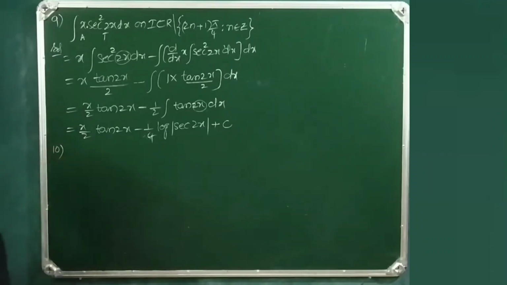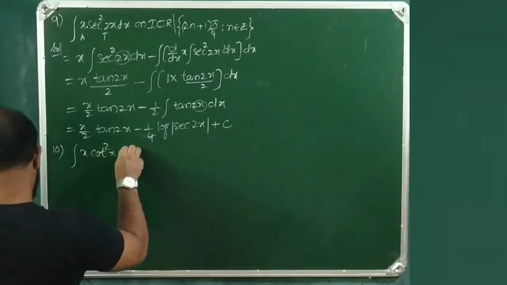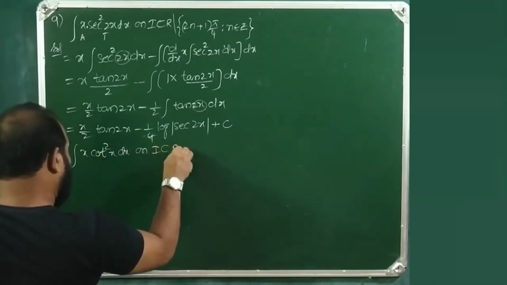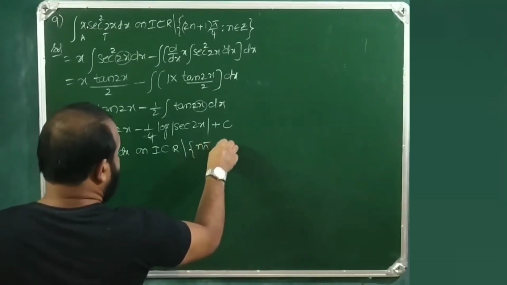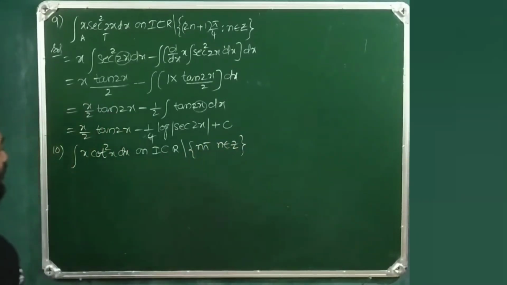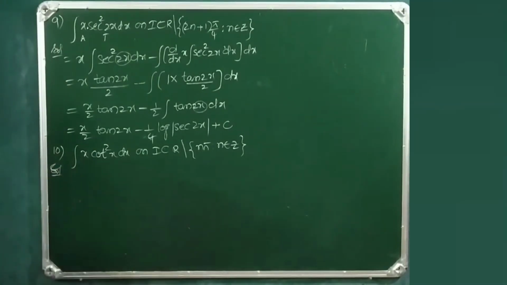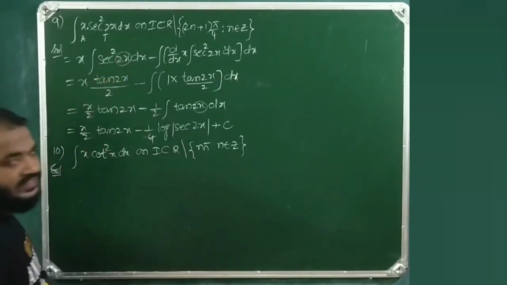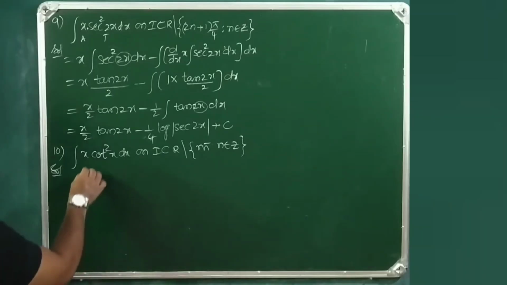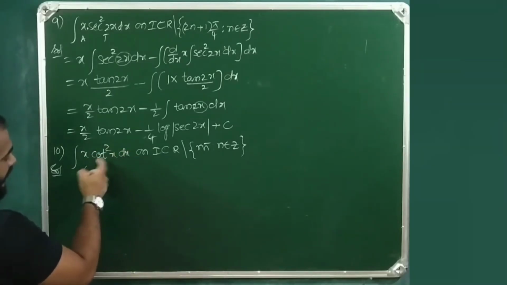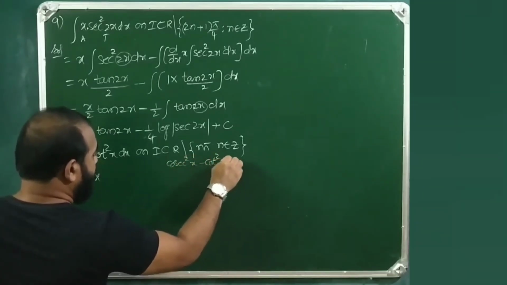The next question is integral x cot square x dx on I subset of R, x not equal to n pi, n belongs to Z. We don't have integral cot square x dx directly, so for this let us write cosecant square x minus cot square x equal to 1.